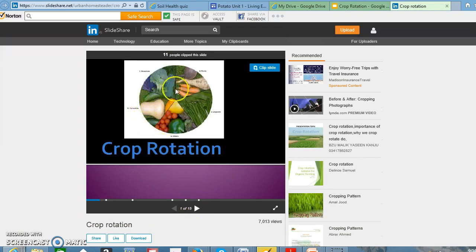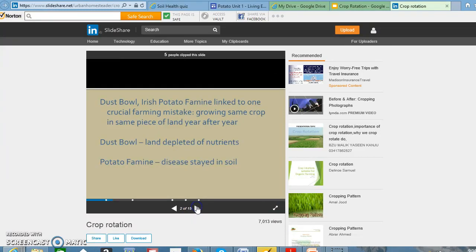So as you can see, these are all vegetables from different families. So in global history, you're going to be learning about the Irish potato famine, and you will see how it's connected to crop rotation. And part of the reason the potato famine occurred was because they grew the same crop in the same piece of land year after year.